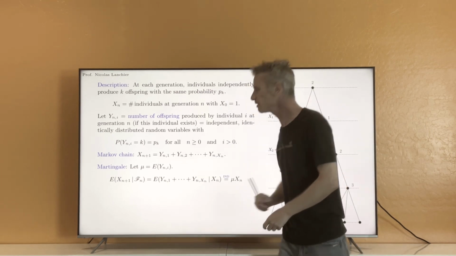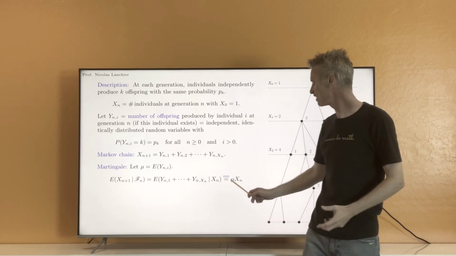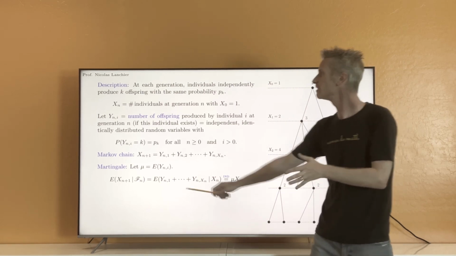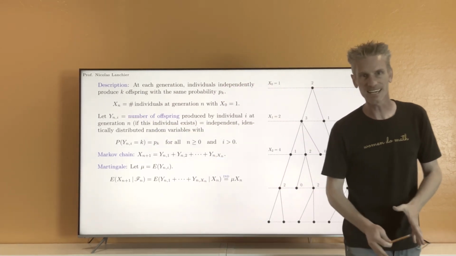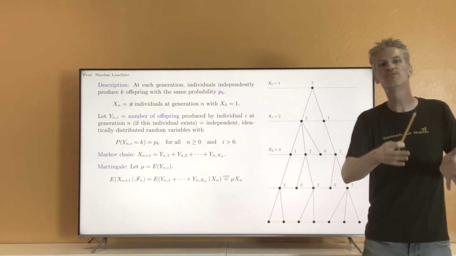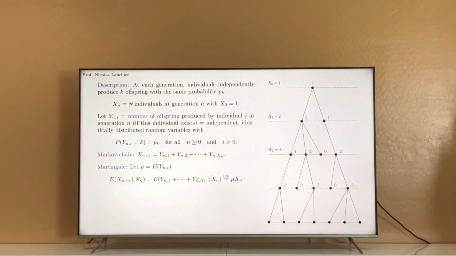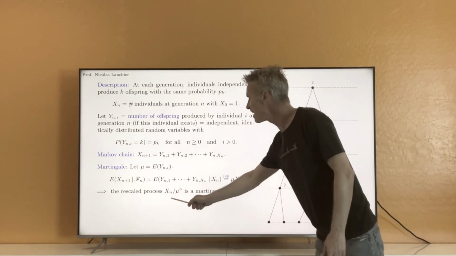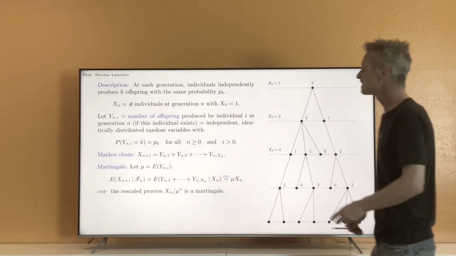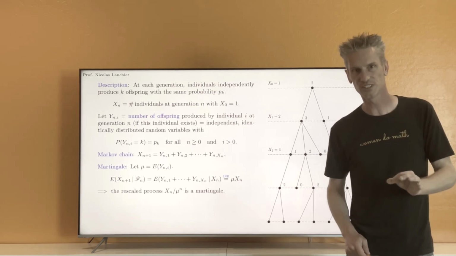So even if this calculation doesn't show that the process is always a martingale, it's only a martingale when mu is equal to 1, it tells you that hidden behind this process Xn, you have indeed a martingale that you get after rescaling by the expected value of the population size at time n, and you conclude that the rescaled process Xn over mu to the power n is a martingale. Okay, that's a property we are going to use to study the subcritical phase and the critical phase.